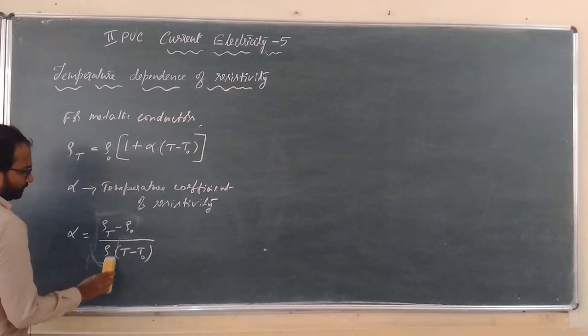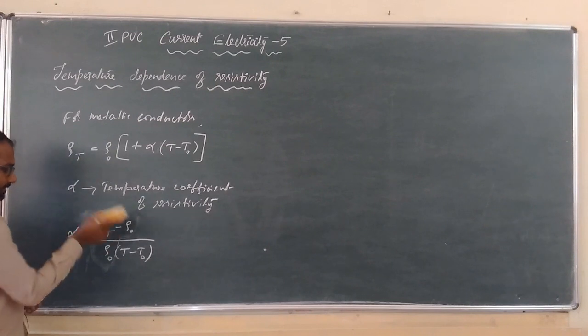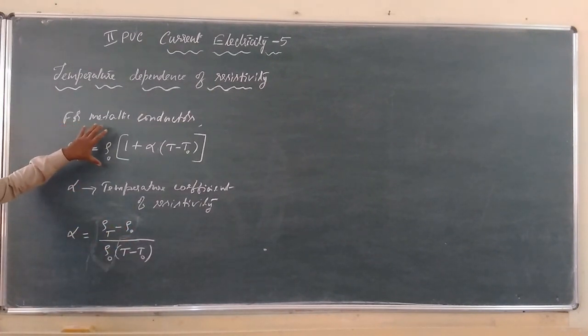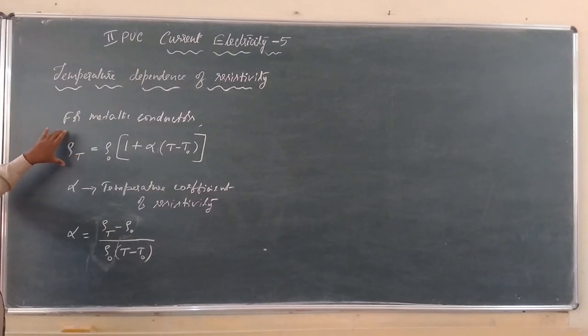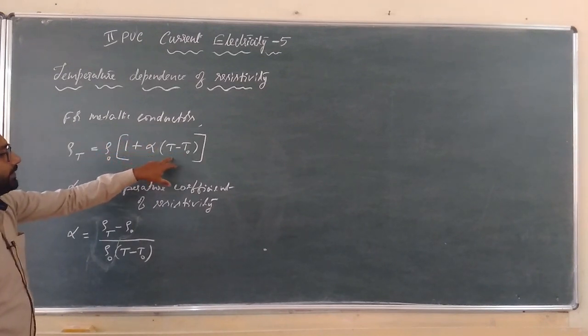Below 0 degrees Celsius or 273 Kelvin, this expression is not valid. Resistivity at a temperature T Kelvin is equal to resistivity at a temperature T naught Kelvin into 1 plus alpha into (T minus T naught).